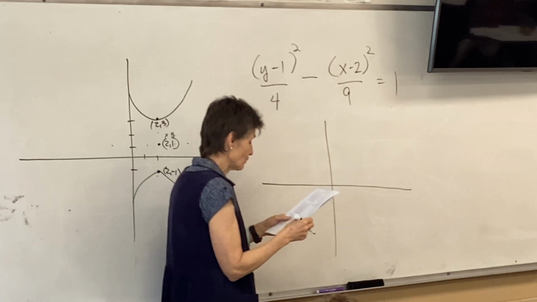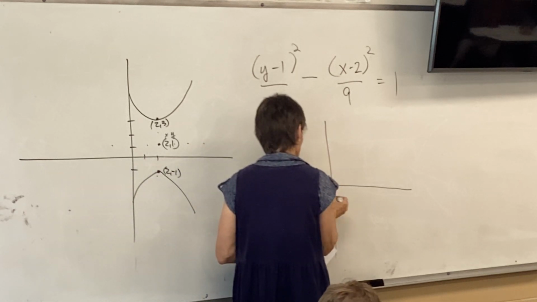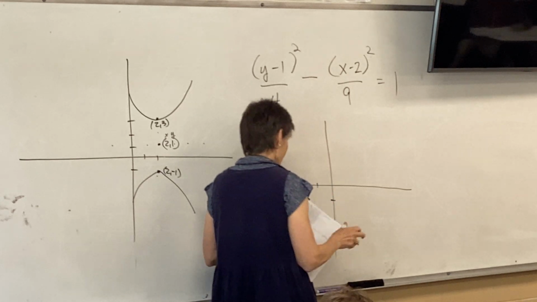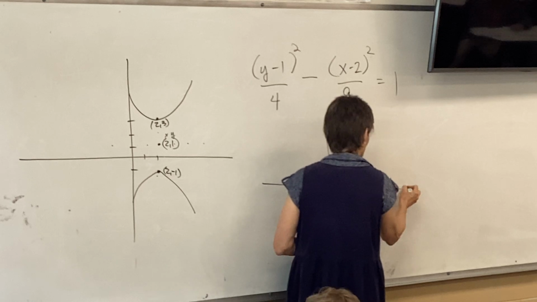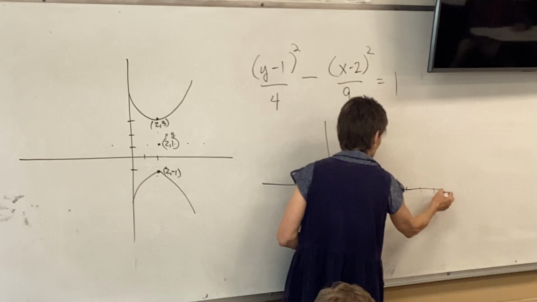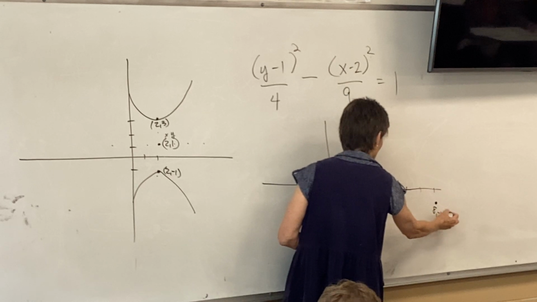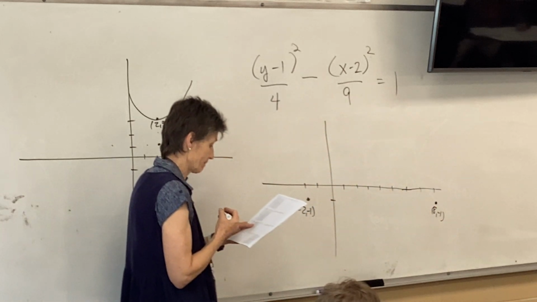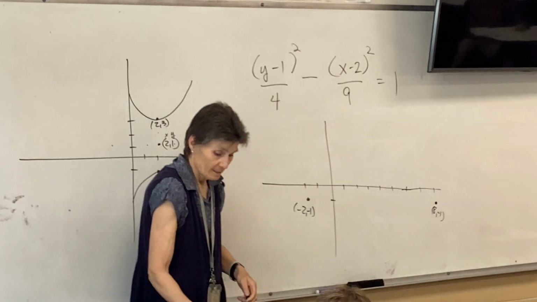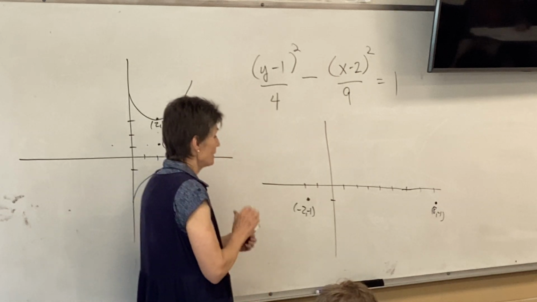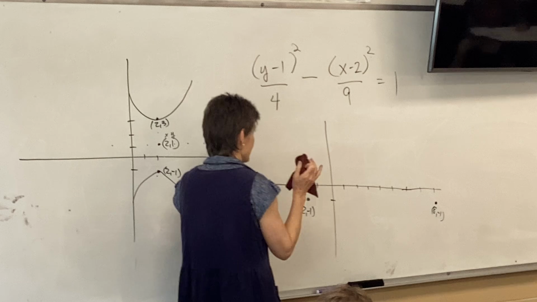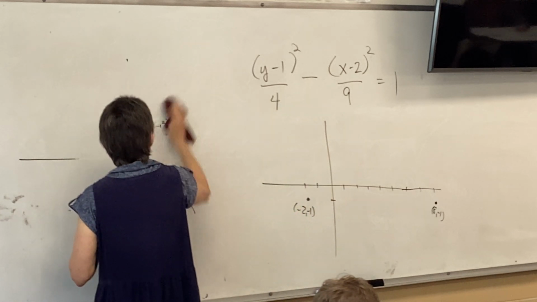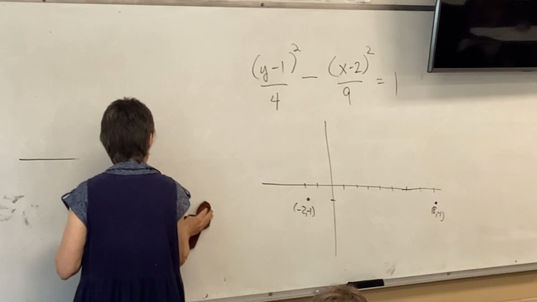So the transverse endpoints are at -2, -1, and 8, -1. Now I know there's more stuff there, but I think if we just stop right here, there is a whole lot of information that gives us.